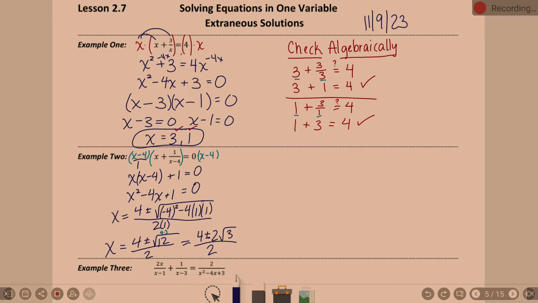Go one more step. Yeah. All 3 pieces have a factor of 2, don't they? So take the 2 of the denominator and divide it into the numerator. 4 divided by 2 is 2, plus or minus. What about 2 square root of 3 divided by 2? Square root of 3.